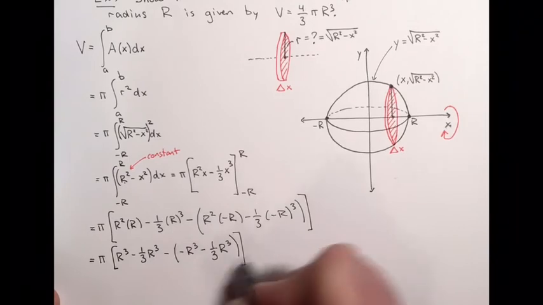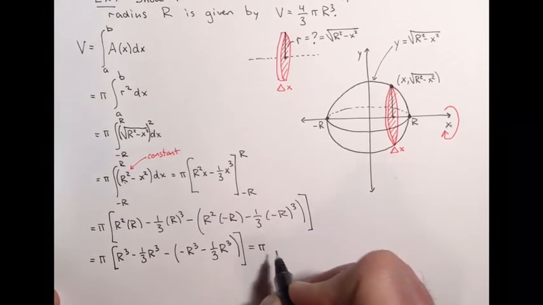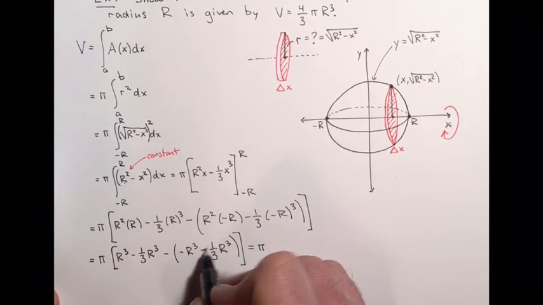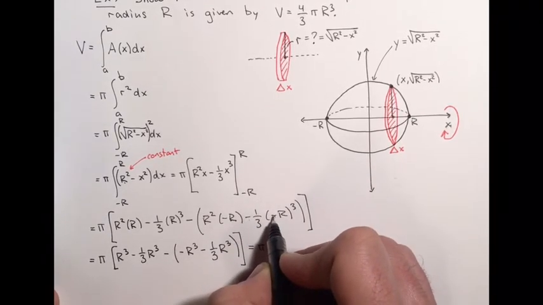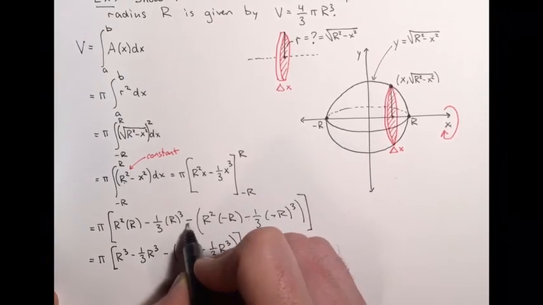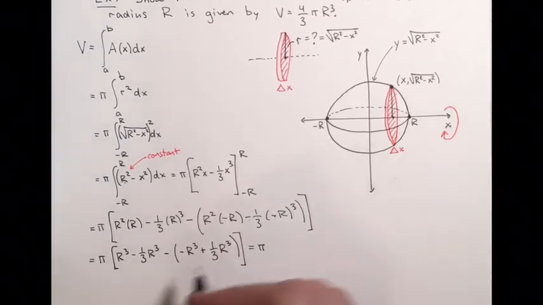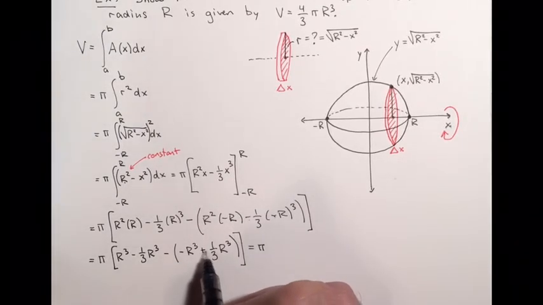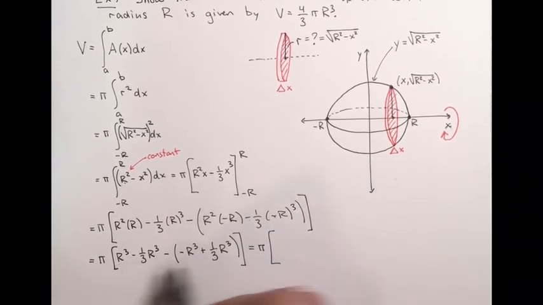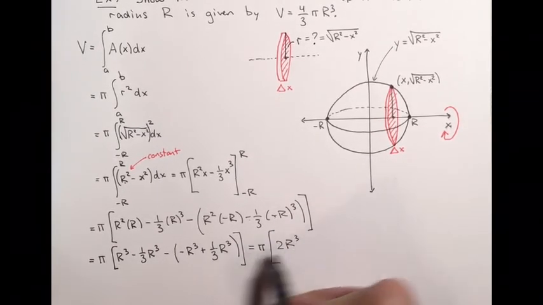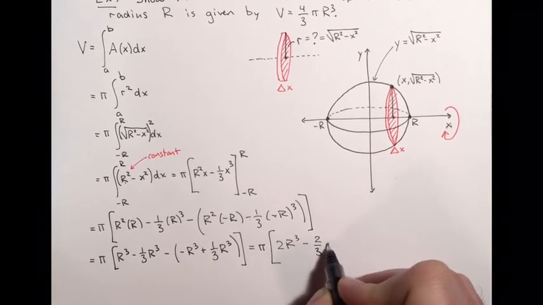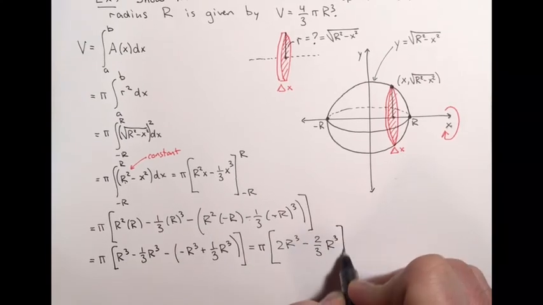And so what we end up with is pi. Oh, this is actually going to be positive. So here we did have this double negative. And so now, after fixing that, we put everything together. We get 2r cubed, putting this together with this, minus 2/3 r to the power of 3.